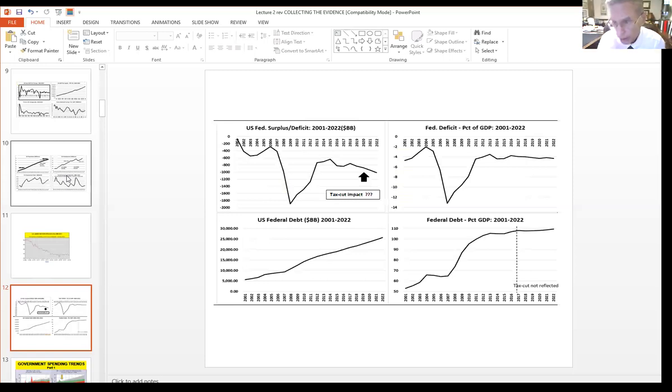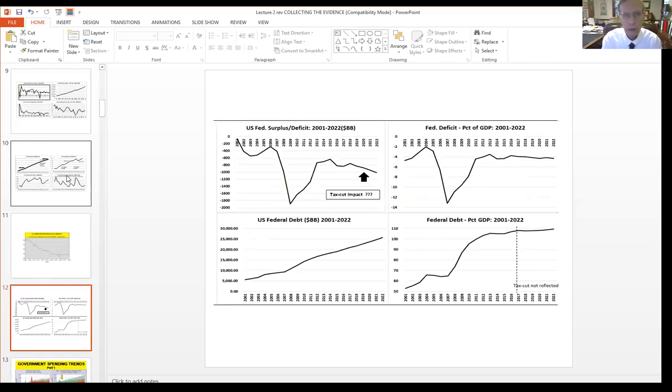Now, once again, notice that the upper right-hand chart sort of begins to angle downward in its projections through 2022. You can bet that when these charts are done again, that angle is going to be steeper.